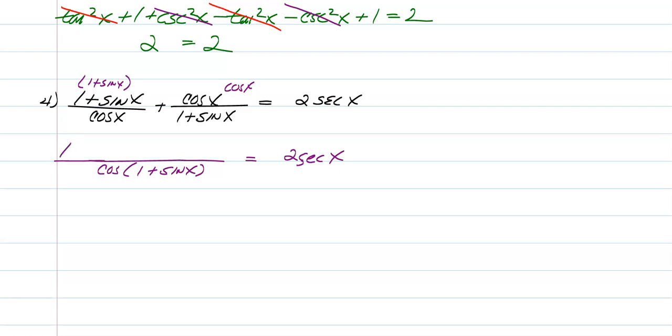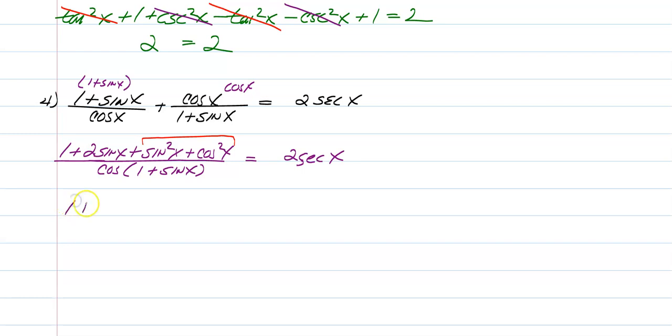And then you're going to do 1 times sine x twice, which is going to give you plus 2 sine x. And sine x times sine x, you should have sine squared x. Plus, you have cosine x times cosine x, which is cosine squared x. And you should recognize sine squared x plus cosine squared x is a Pythagorean identity.